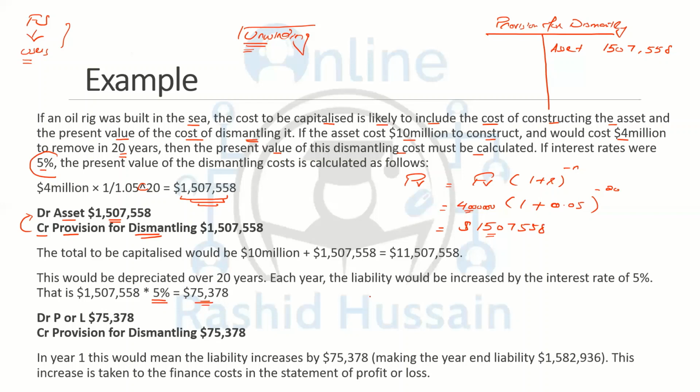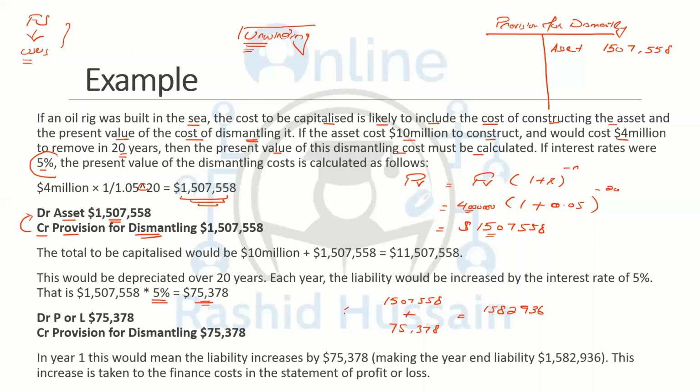And you're going to take 15,07,558 plus that 5%, 75,378. At the end of the first year, this figure is going to be 15,82,936.